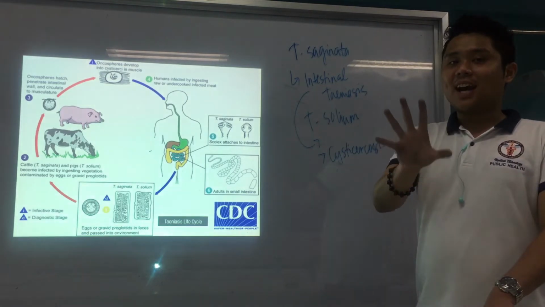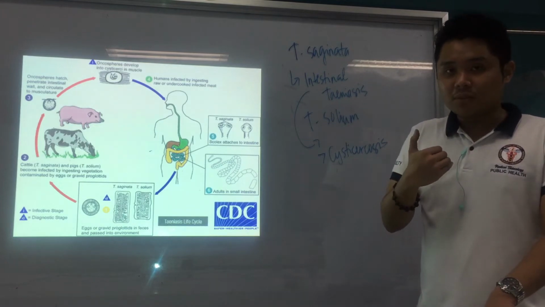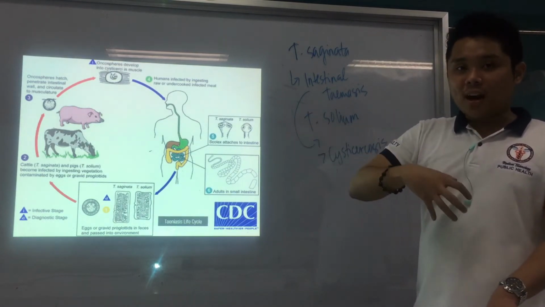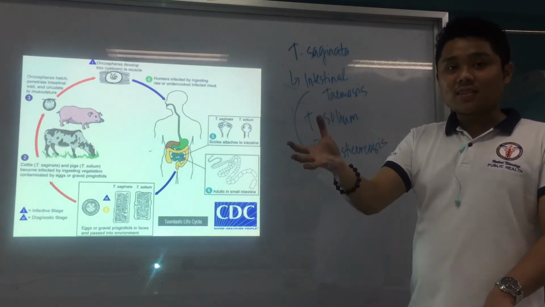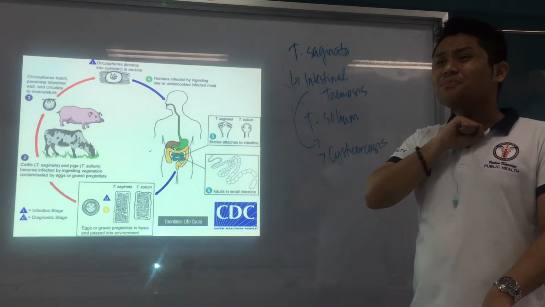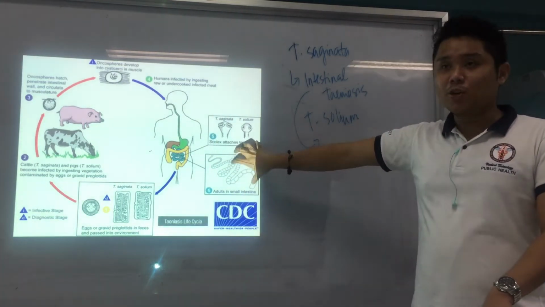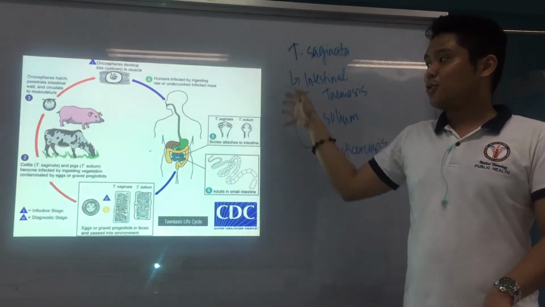I hope you get it. So you ate the larva already, so what's the next stage? Adult. From the larva, once digested, it hatches and develops into the adults, and then the adults produce the eggs released in the feces, and the cycle goes on.